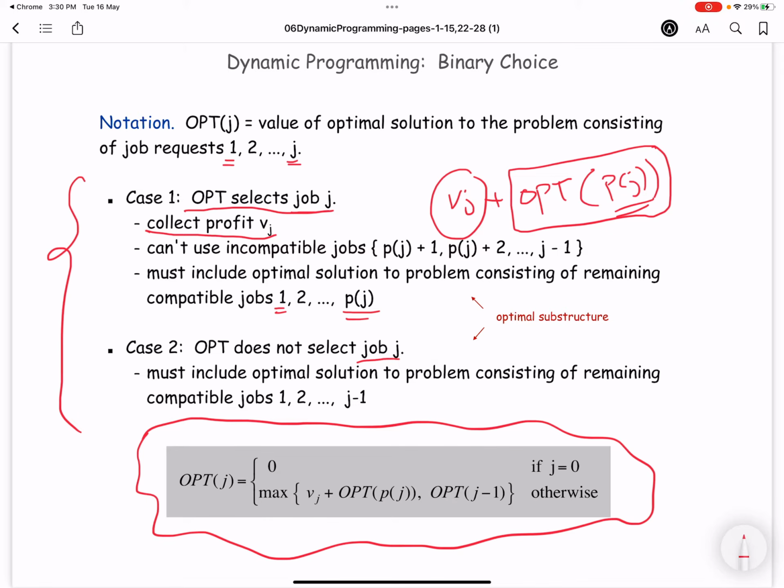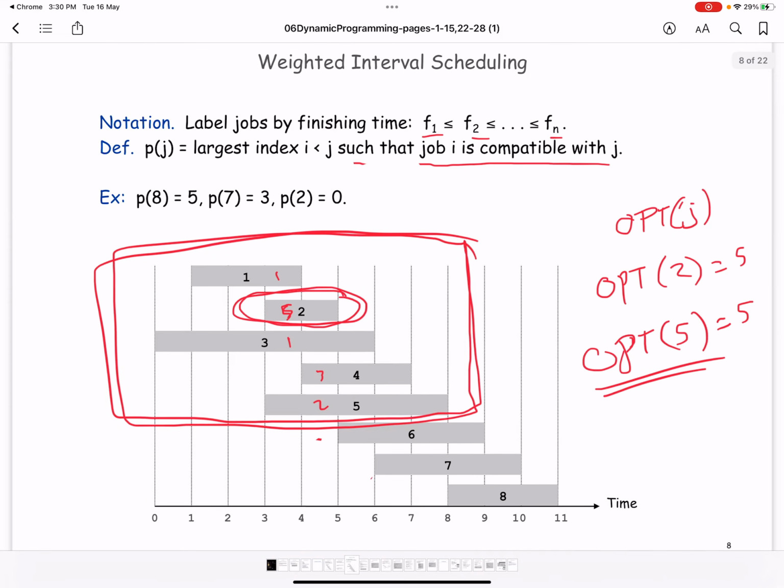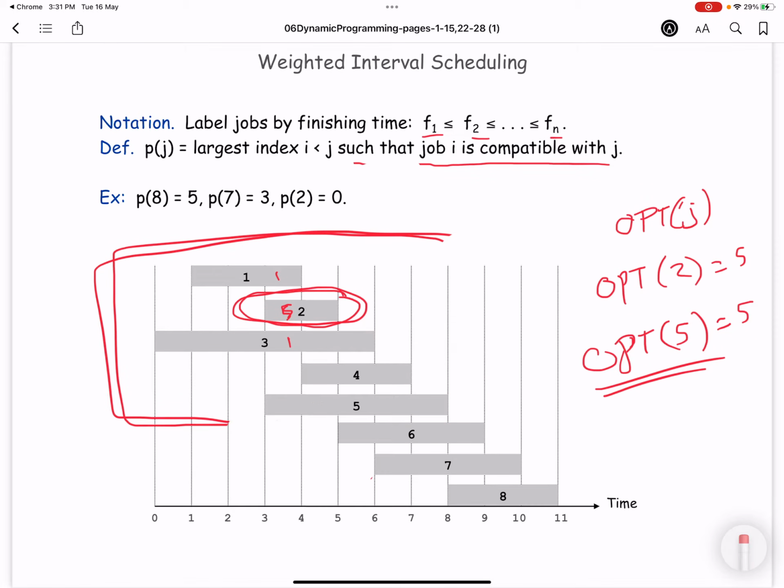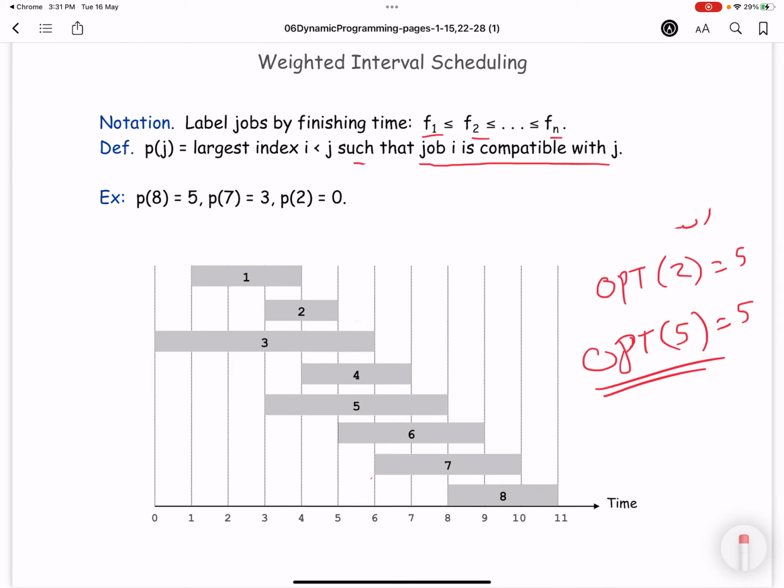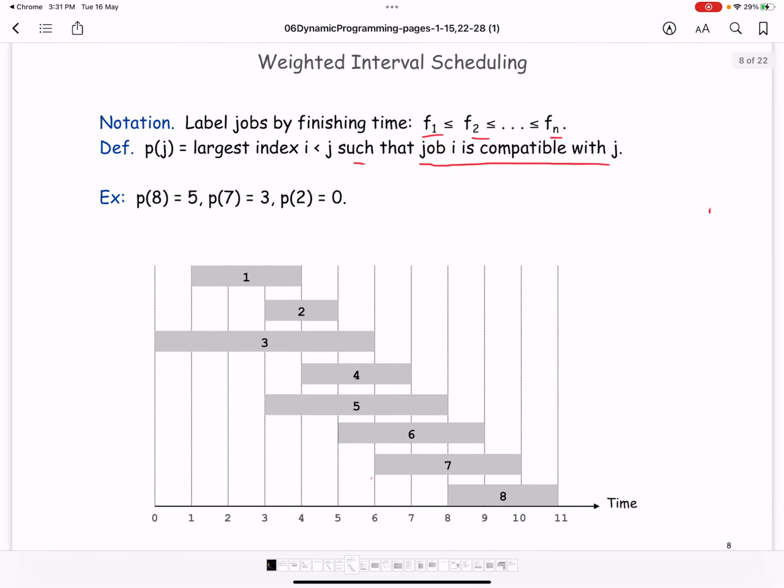So if I find the optimal of these previous jobs, I add Vj, then this is the optimal. Let me go back to the example again. So imagine J is 5. Or let's say maybe 7 is a good example.